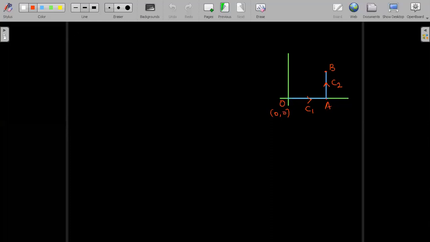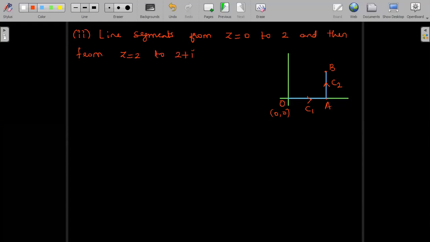Now we will discuss case 2. Case 2 is line segments from z is equal to 0 to z is equal to 2, and then from z is equal to 2 to 2 plus i.